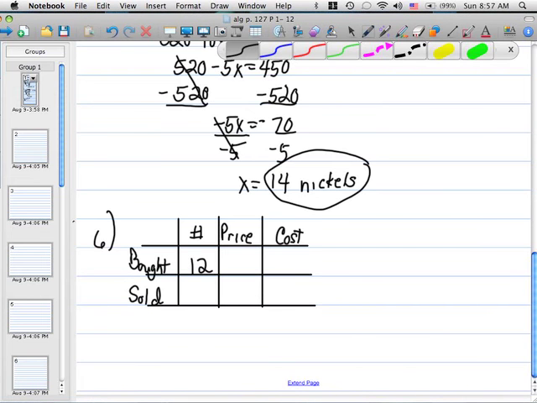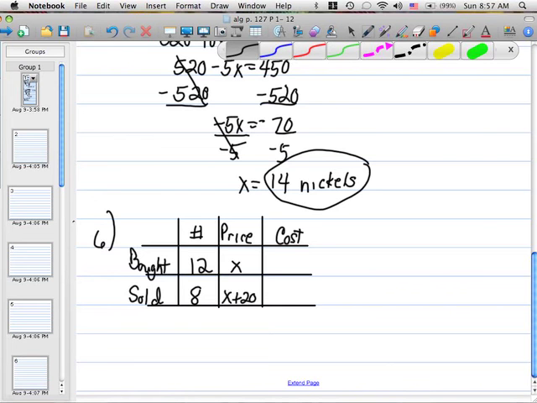She ate 2 of them, so that leaves her 10, and sold the rest, so she sold 8. And she sold the rest at 20 cents more per apple than she paid. So since they're building on what she paid, X equals the price of what she paid, and she sold them for 20 cents more, so X plus 20 cents.